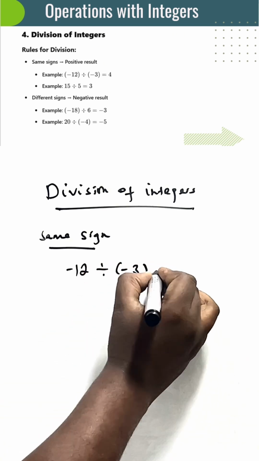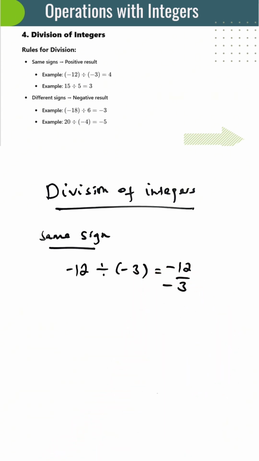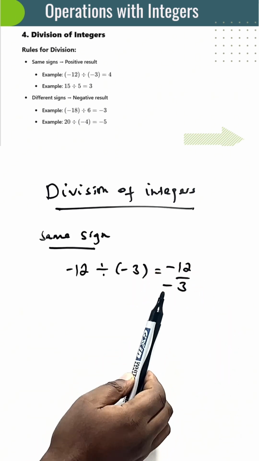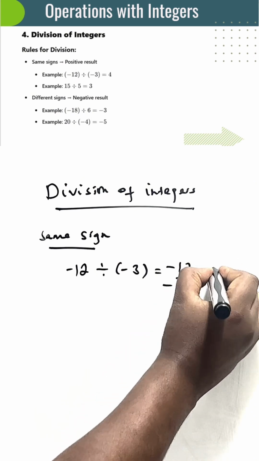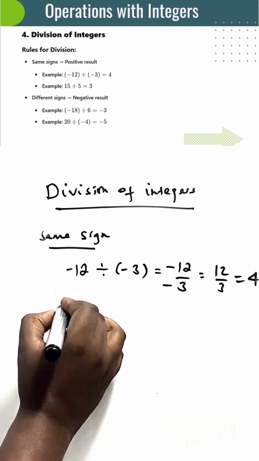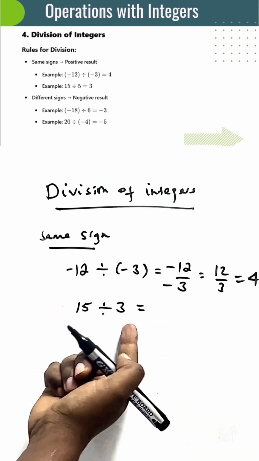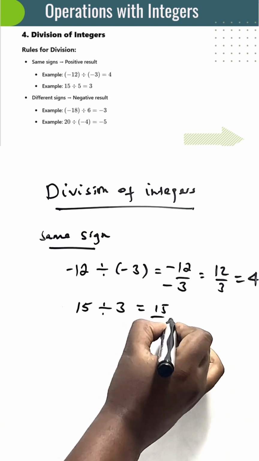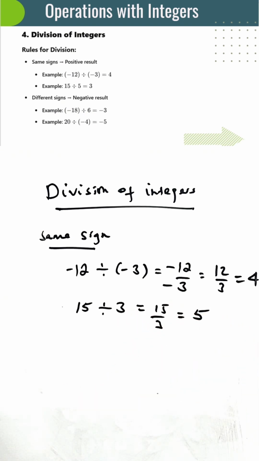In this case, this is exactly the same as 12 divided by 3, right? Negative divided by negative would be positive, so this is going to be 12 divided by 3. That would be 4. Let's have 15 divided by 3. Same thing, that would be 5 with the same sign, okay?